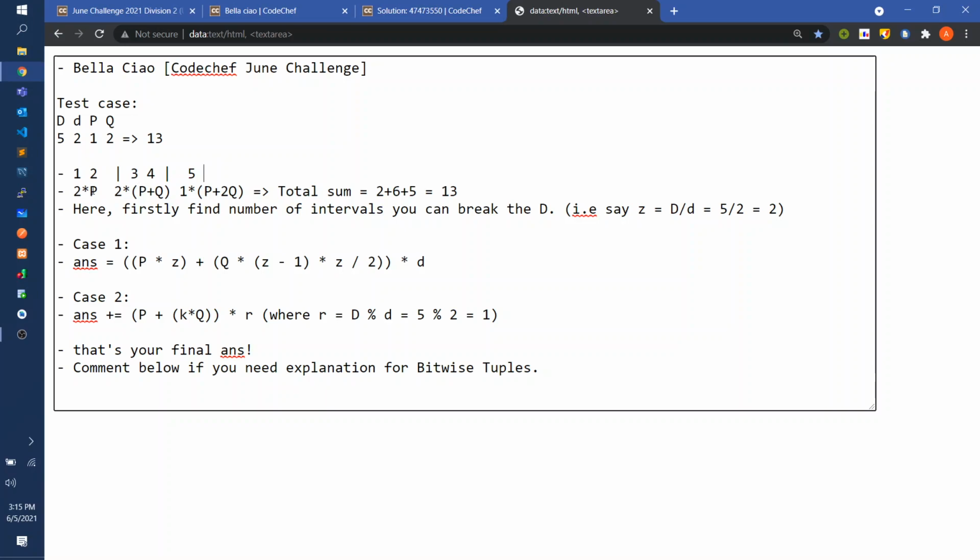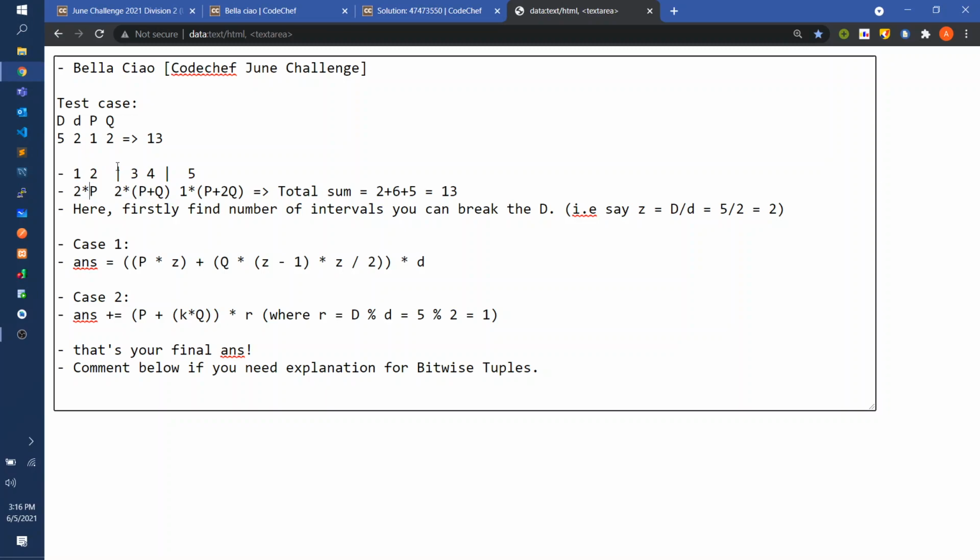So we can break this down into two separate cases. I will explain how this expression came. In the first case, we are considering only the broken intervals. For the first 2 days, the production will be 2P.